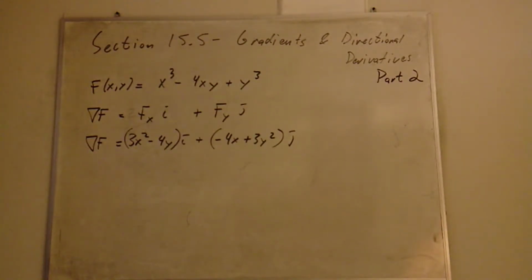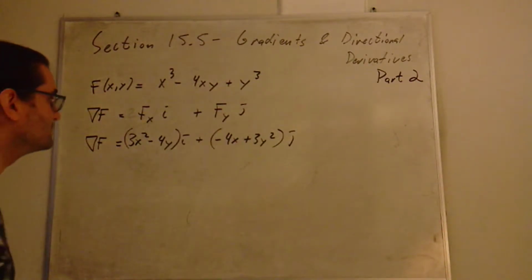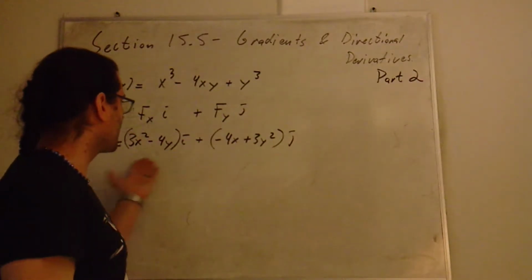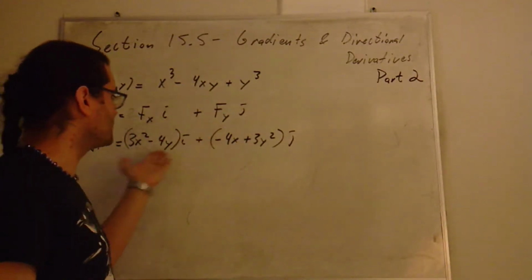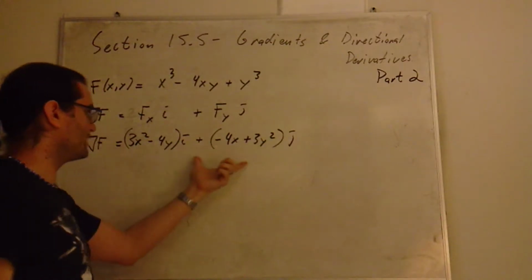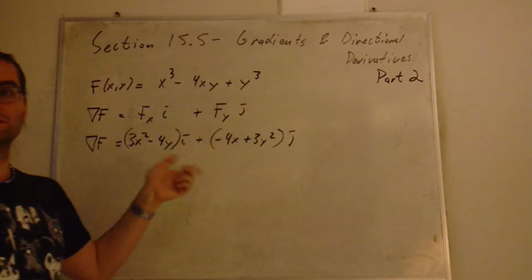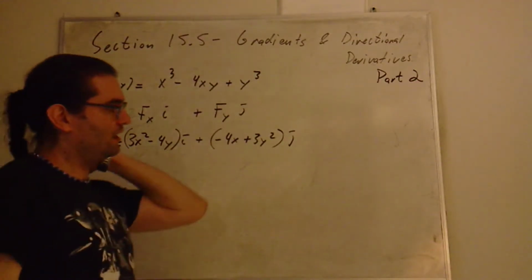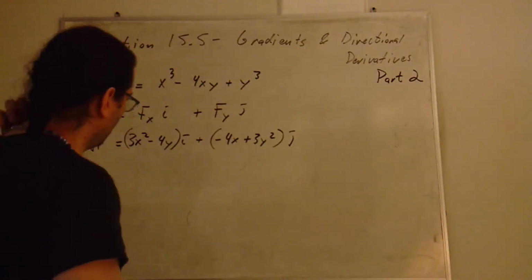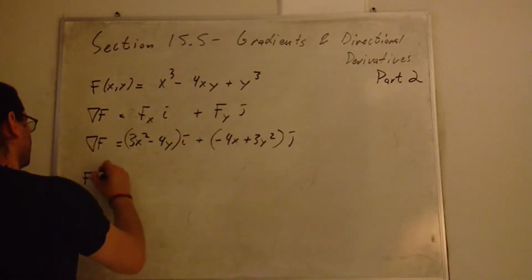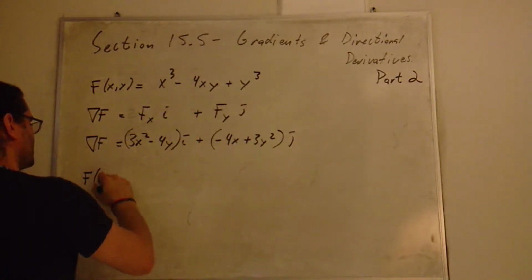Not super complex. We already know how to take partial derivatives. We're just creating a vector valued function out of them by attaching i's and j's to the various gradients. Let's do another example, except let's do some three-dimensional stuff.